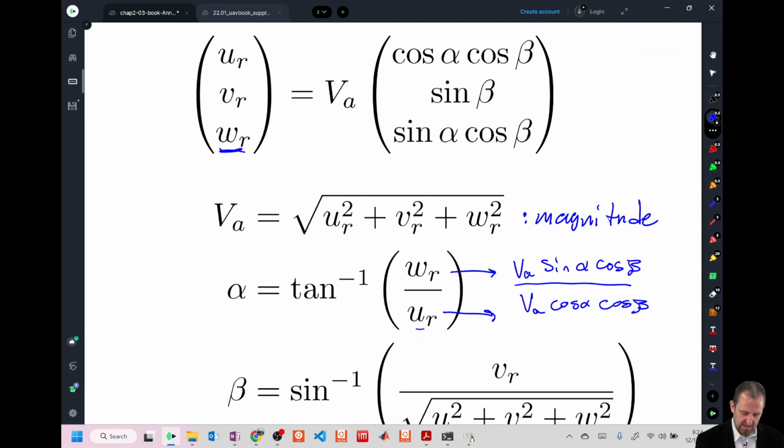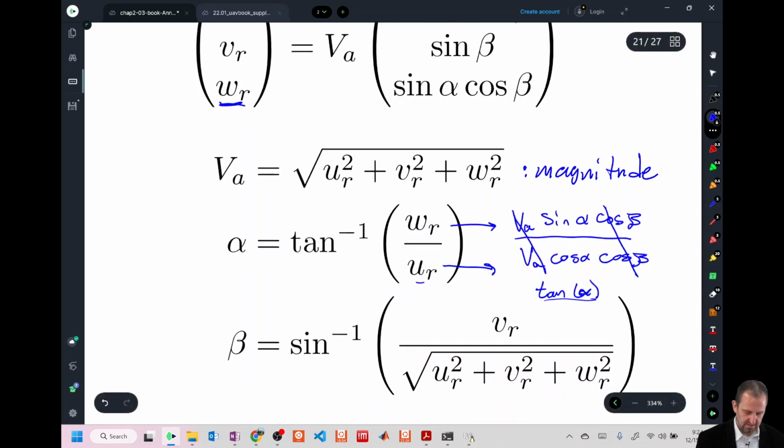Taking a quick look, we can cancel out those terms, and what we're left with is the tangent of alpha. So we just divide W sub R by U sub R to get the tangent of alpha, and take the inverse tangent to get alpha. So we can rapidly solve for alpha, which is really nice.